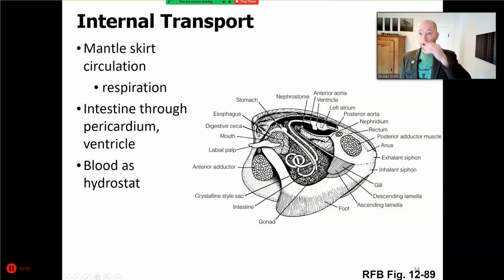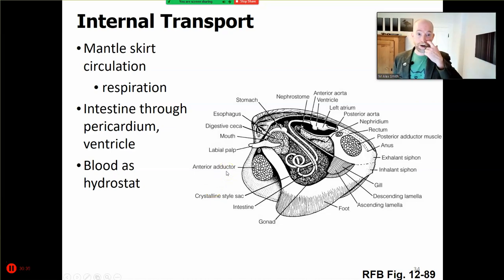So the mantle skirt. So internally we have the intestine. Sorry. So we have, as I said, respiration with the mantle skirt. And then just finishing up the description of that digestive system, the intestine through the pericardium ventricle, and then the blood essentially functioning as a hydrostat.